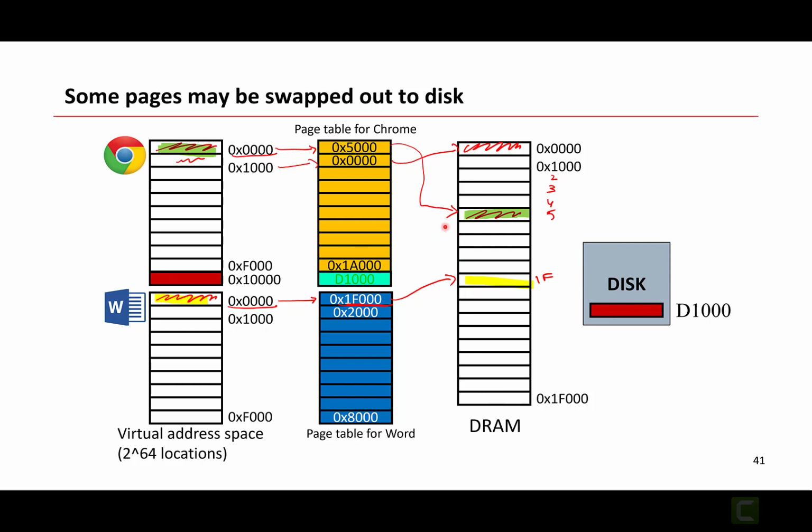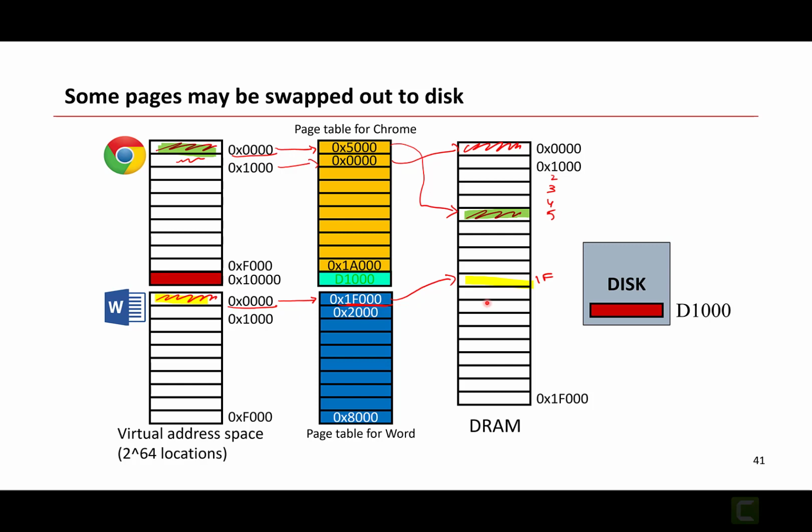Now when the operating system tries to find a victim, let's say to bring back this red page into the main memory, that victim could be any one of the physical pages. It doesn't necessarily have to come from the same process. In fact, the operating system has a holistic view of all processes running on the system, and it knows who's using what, and what is being used frequently or which page has not been used recently.